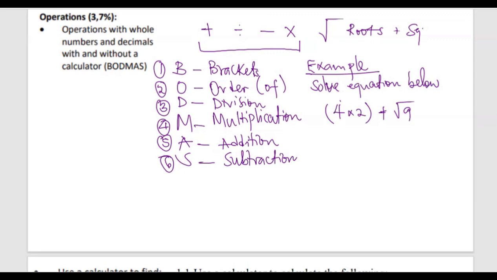So what you look at, you come to your BODMAS. And number one, it has to look at brackets. You ask yourself, in the equation you're solving, do you have any brackets? If it's yes, then you start with the brackets. Yes, we have brackets here.